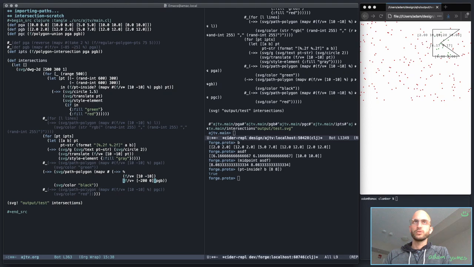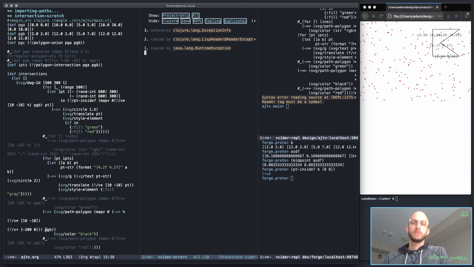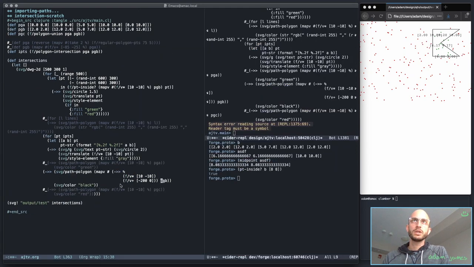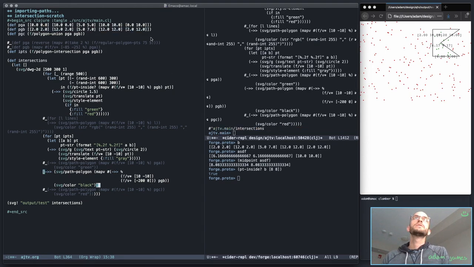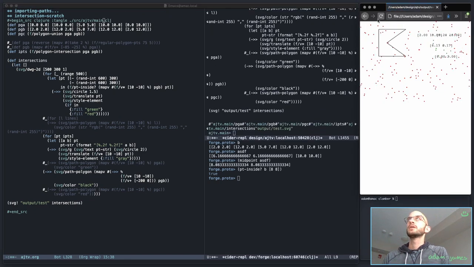I think this actually will work. Let's see. No. The reason for that is probably, well, what is it? Reader tag must be a symbol. What? Oh. There it is. That should translate that. It does. Perfect. Oop, wow, what a mess.